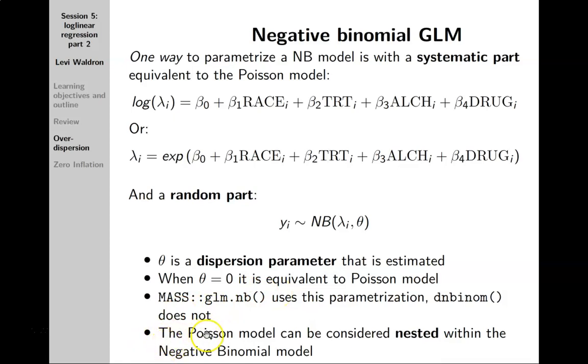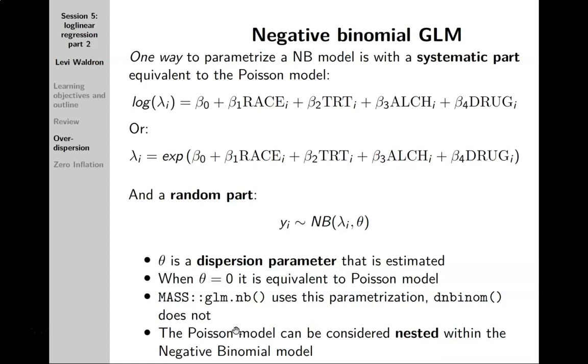As a note, we've talked a bit before about nested models. Nested models are ones where they use the same data, but one model has parameters that are entirely contained within the other model.